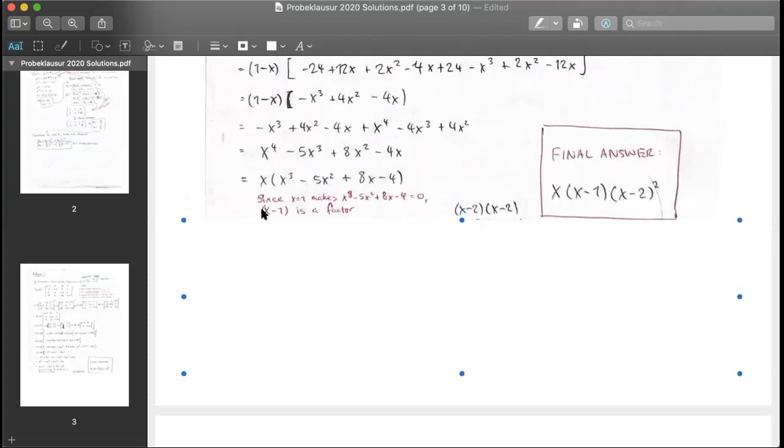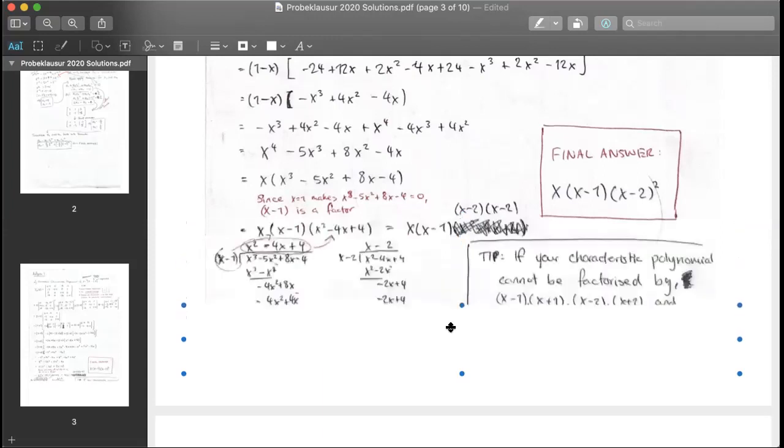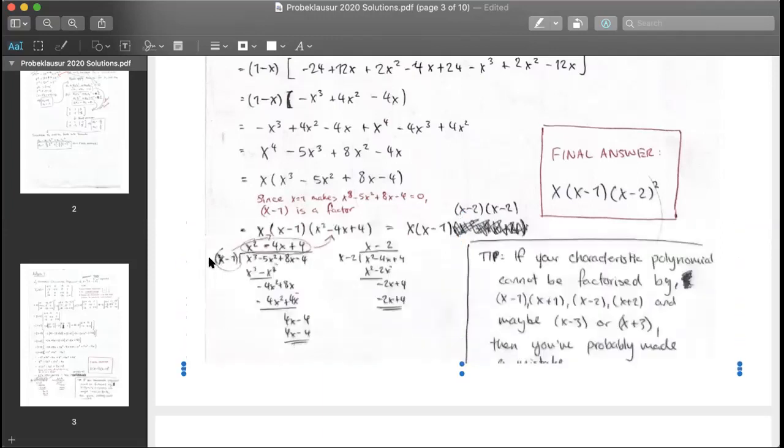So once you've identified that x minus 1 is a factor, then you just do polynomial division, and I do that down here, right? Now, x minus 1 divided into your polynomial here, and out comes x squared minus 4x plus 4. And then again, you can either factorize directly if you can see it, or if you can't, take a guessing game as well. 1 doesn't work because that won't equal 0.